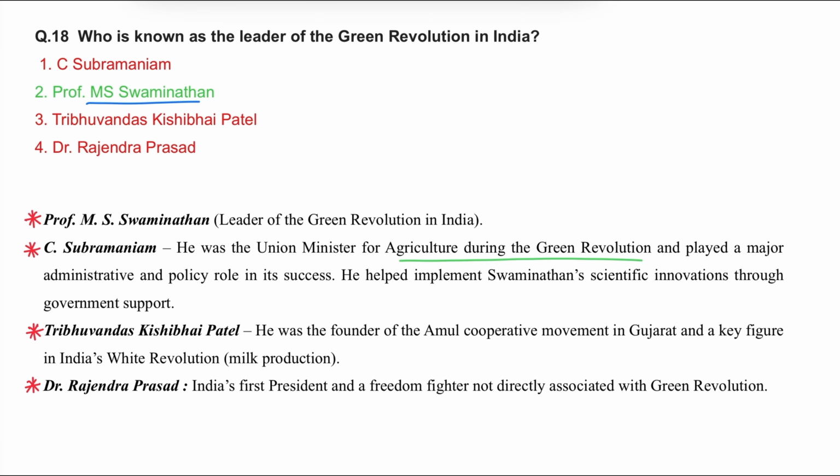Verghese Kurien, founder of Amul cooperative movement in Gujarat, is a key figure in India's white revolution or milk production. Rajendra Prasad, first president and freedom fighter, not directly associated with the Green Revolution.